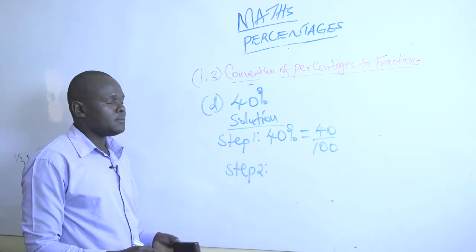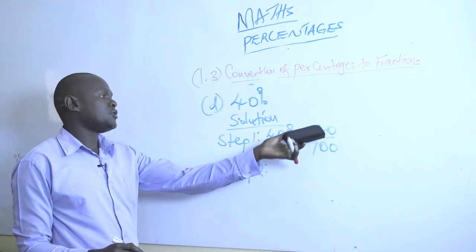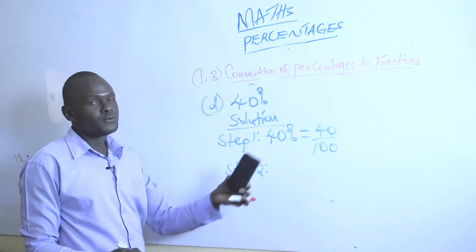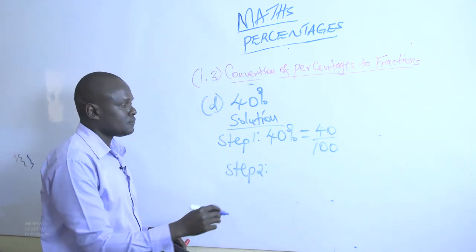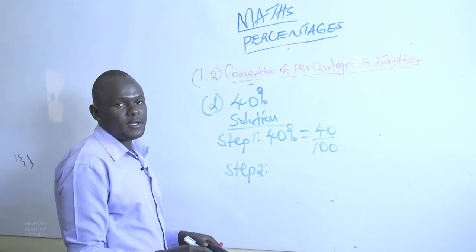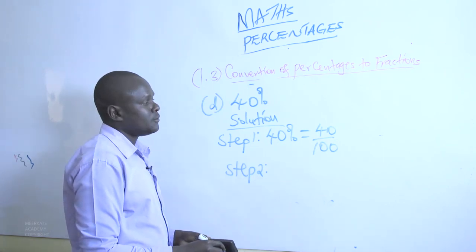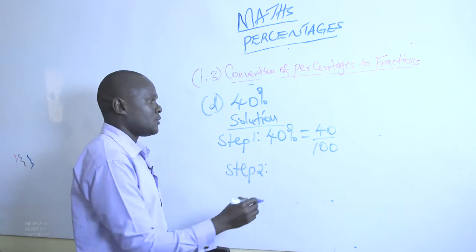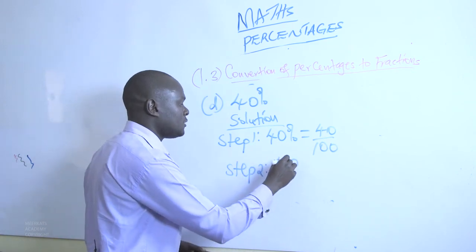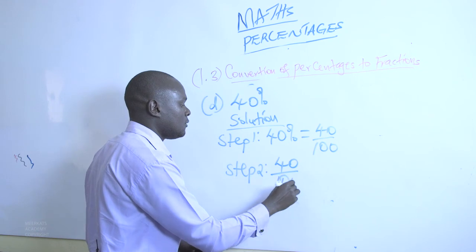And our second step involves simplification of this particular fraction, 40 out of 100, by using the highest common factor, or even cancellation.